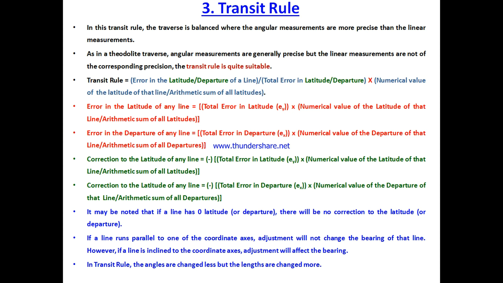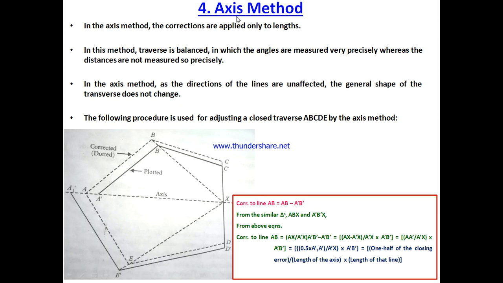Only the lines which are inclined to the coordinate axis, in that case only the adjustment will affect the bearing. Otherwise the adjustment can only be done for the linear measurement, that is the L. In the transit rule, therefore, the angles are changed less while the length gets changed more, because from the beginning we are calculating angle with high precision as compared to length in this particular method.